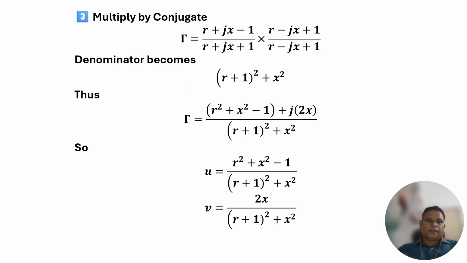By multiplying the complex conjugate on the numerator and denominator, the reflection coefficient equation becomes, after substituting the values here, you will get the real part and the imaginary part, u and v.